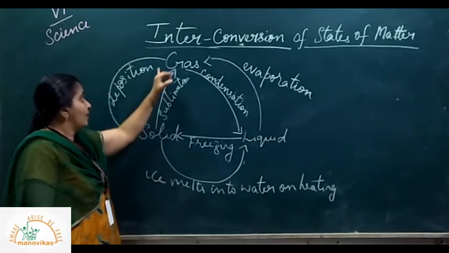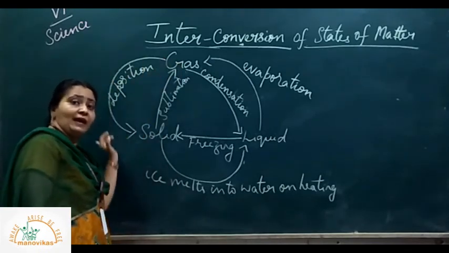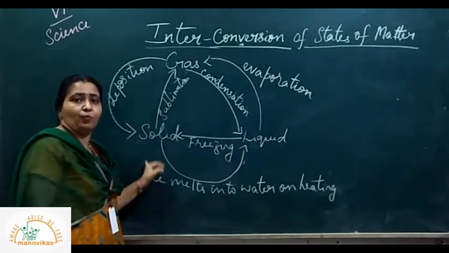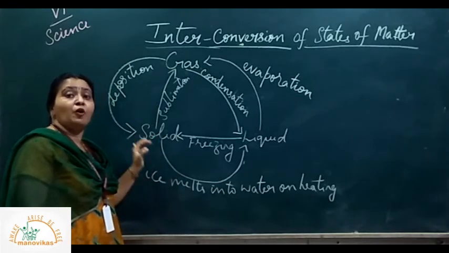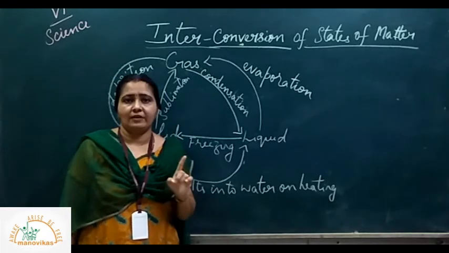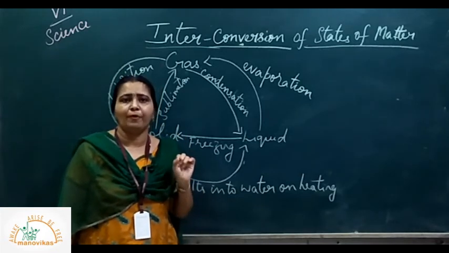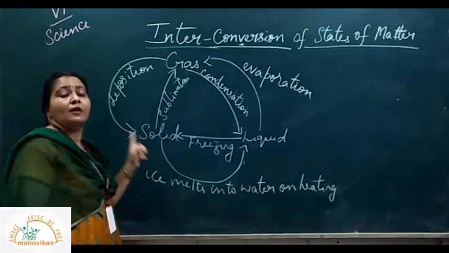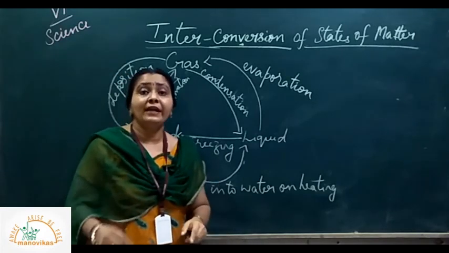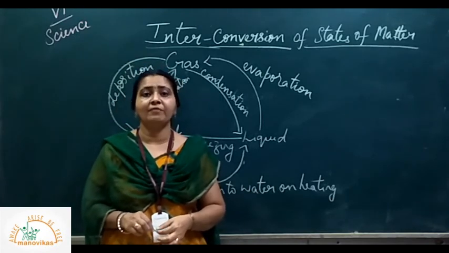And the last one is gas: the vapor changes back into solid without passing through the liquid state. Yes, we need to write without passing through the liquid state. That's very important. That process is known as deposition or desublimation.